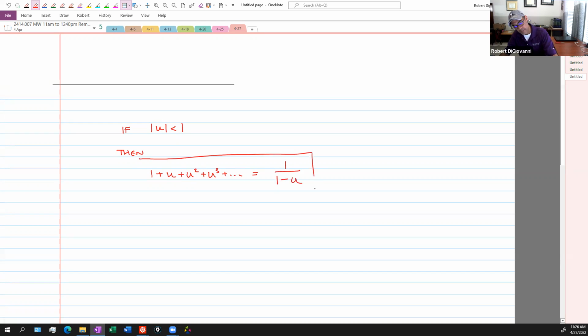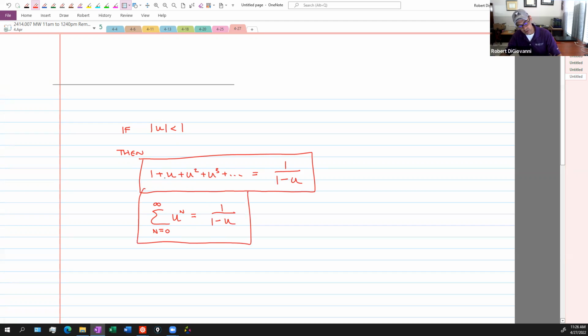All right. Another way you could say this is that the sum n equals 0 to infinity of u to the n equals 1 over 1 minus u. Those are two equivalent statements.